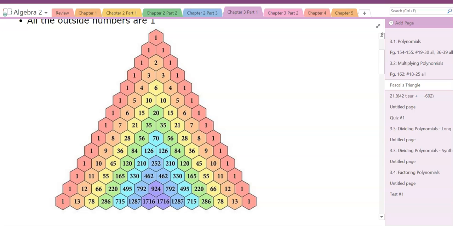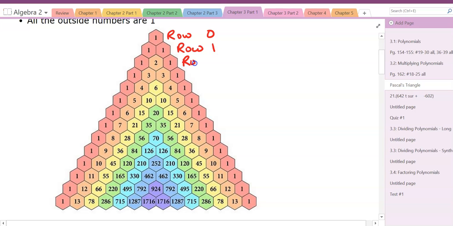These are broken into what we call rows. Okay, so the very first one, the one at the very top, this is called row 0. That's when you take anything raised to the zero power, it's just going to be itself. It's not going to change that number or that quantity at all. After that, the first 2 numbers that are side by side, that's going to be called row 1.